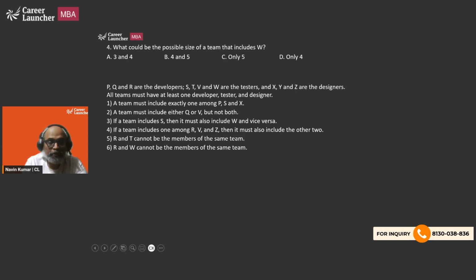Next, what could be the possible size of a team that includes W? So we will start with the scenario where W is acceptable. So the first one is the third one. If we are going to have a W, then S will also come along. They both are testers. Okay, we need developers and we need designers as well. Next, R and W cannot be members of the same team. So that would mean that we cannot have R, and S and W are taken.